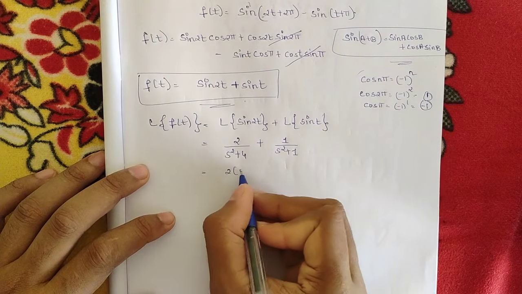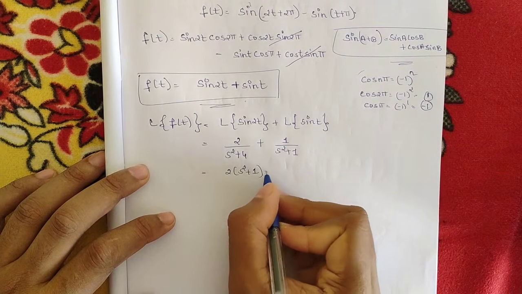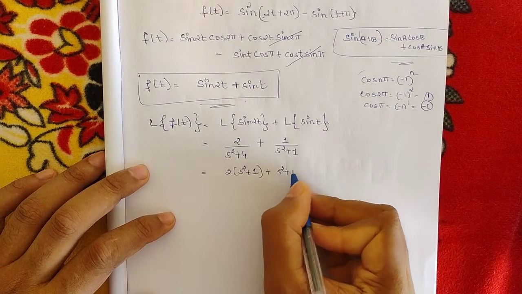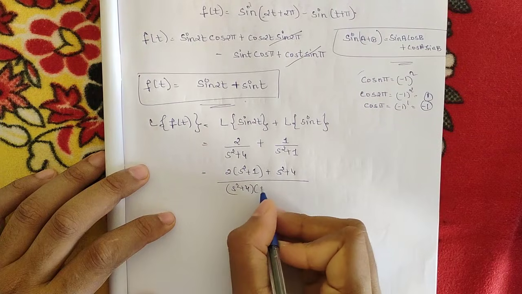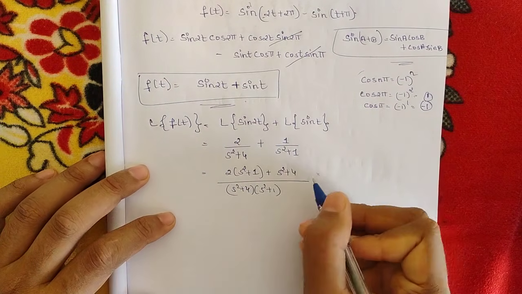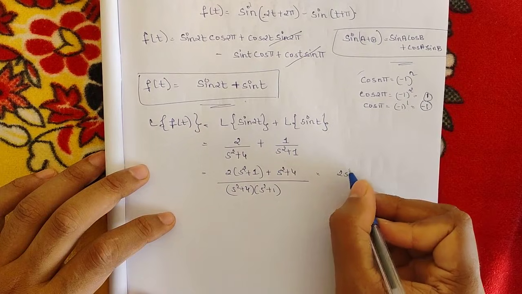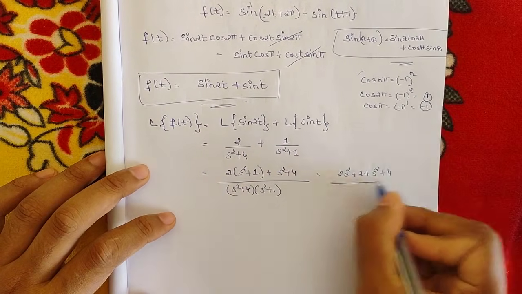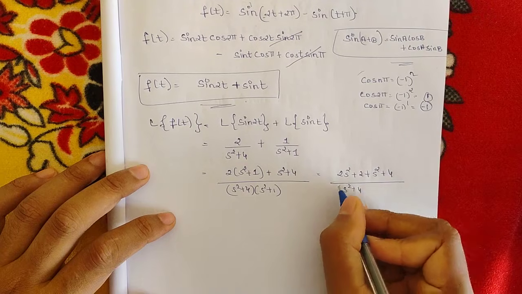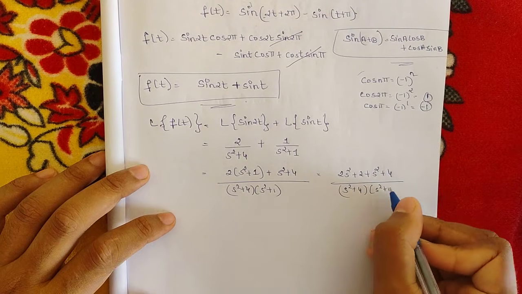So 2 into s square plus 1 plus s square plus 4, divided by s square plus 4 into s square plus 1. Okay, if you solve, you will be getting 2s square plus 2 plus s square plus 4, divided by s square plus 4 into s square plus 1.